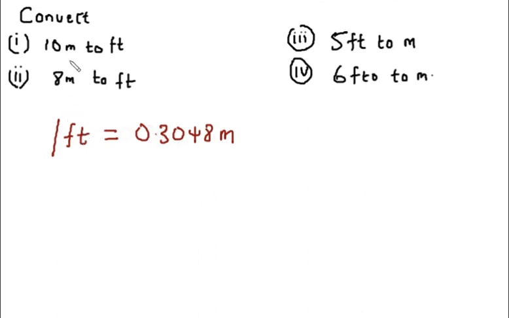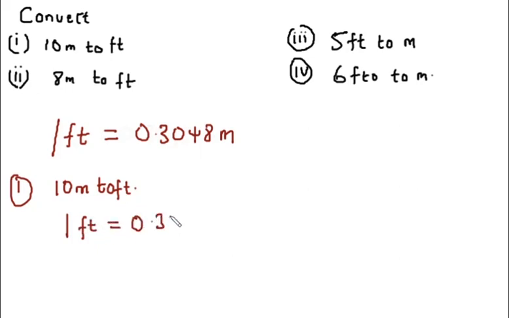If we take this first example here, 10 meters to feet. We know that 1 foot is equal to 0.3048 meters, and we know that x feet would be equal to 10 meters.